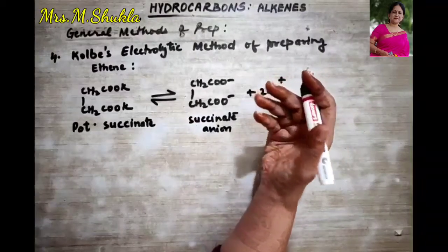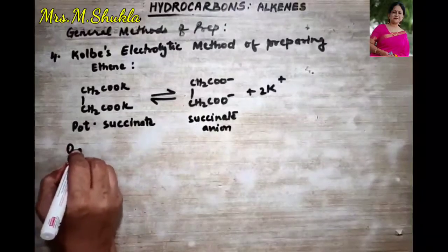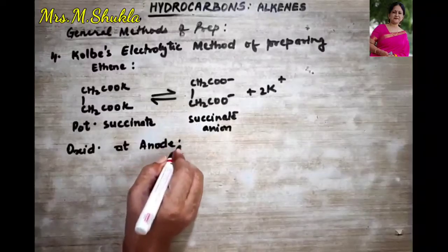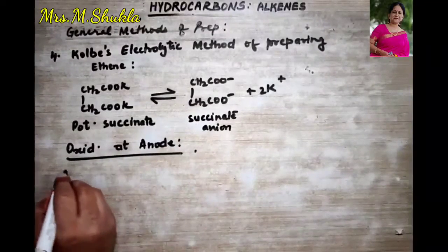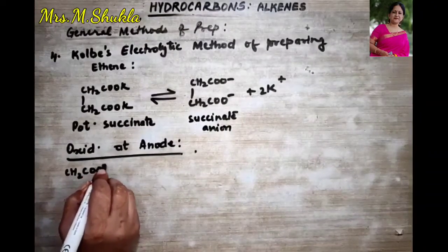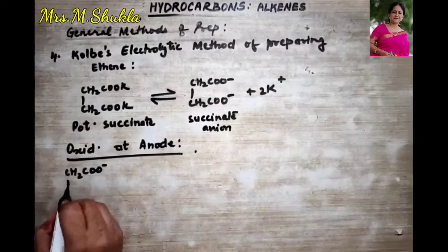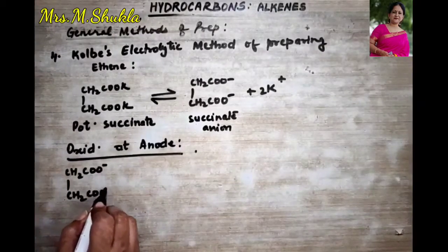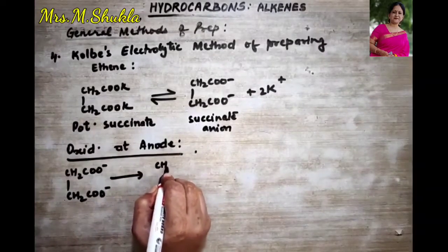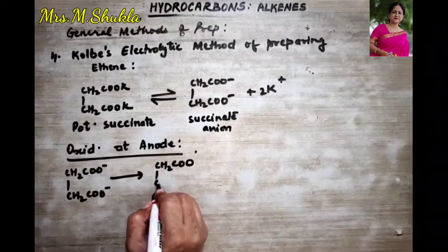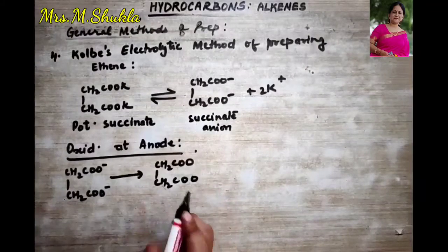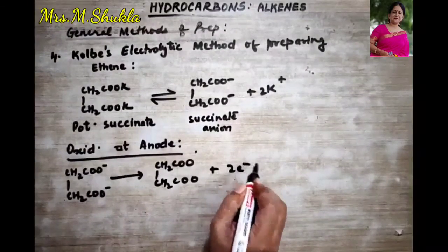Now let us see the oxidation at anode. Over here, your succinate anion, that is CH2COO, CH2COO, will give away 2 electrons, and it is going to form the succinate free radical, plus 2 electrons.